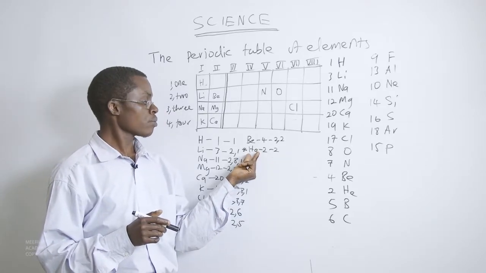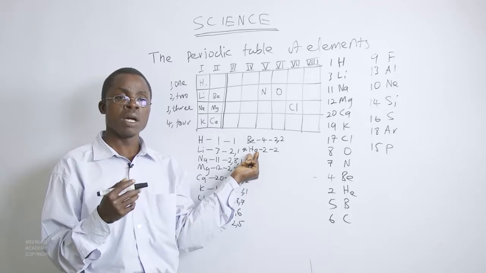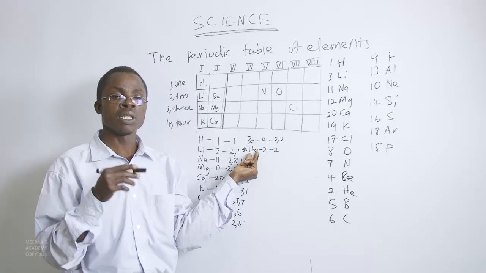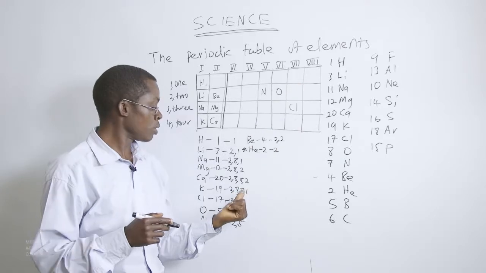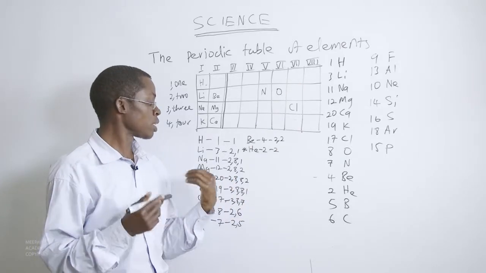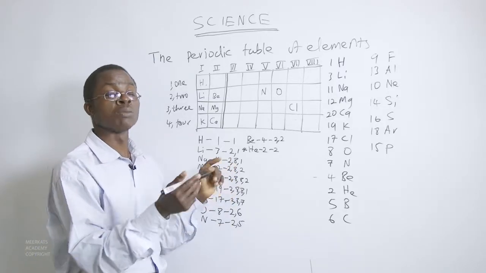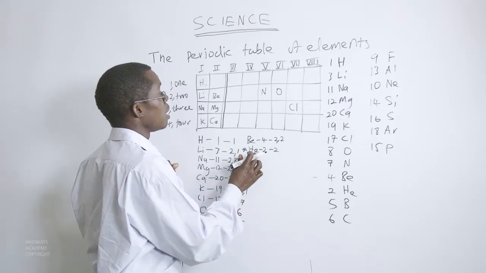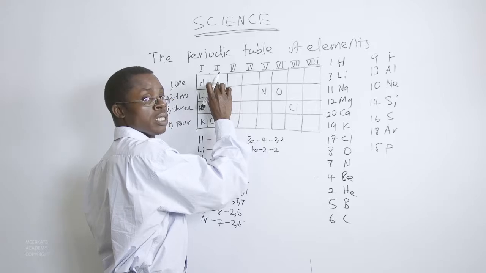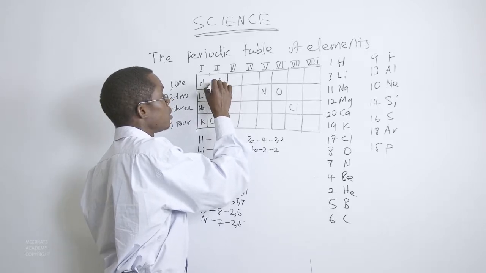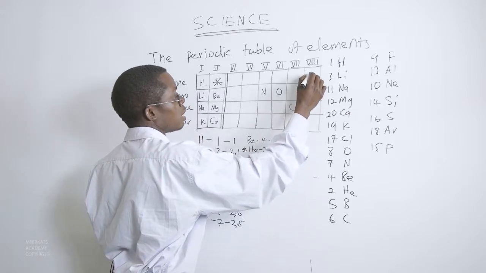So the same case applies here. We shall place this helium in a group of elements or at a point where the outermost energy level is full. And here is where we have 8, because the outermost we require is 8. Maximum is 8. You can see once you reach 8, you go to the next one. It means you are full. So because of that, helium will not be placed at this point, but the correct point it will be placed is here.